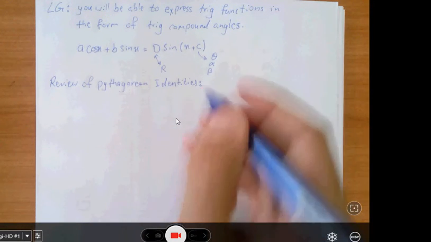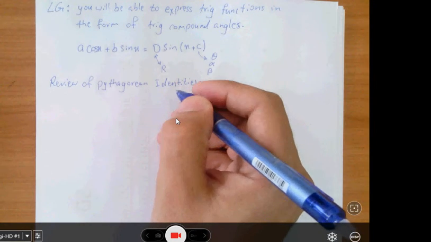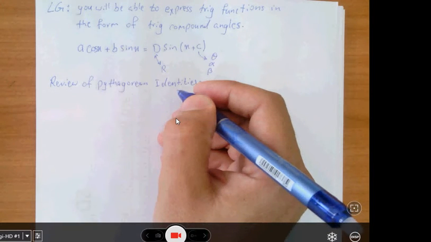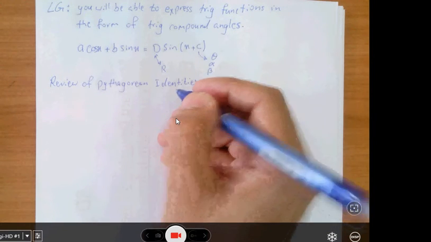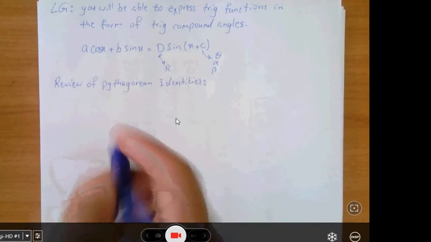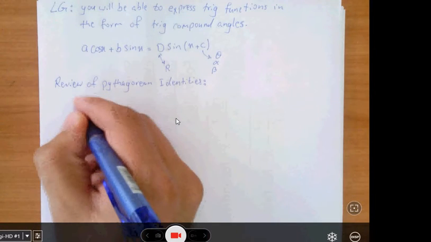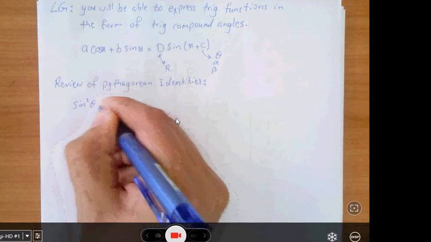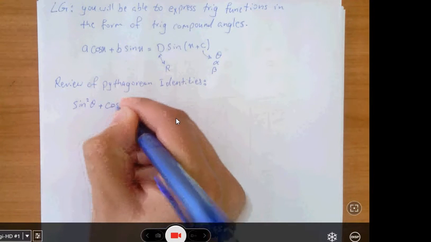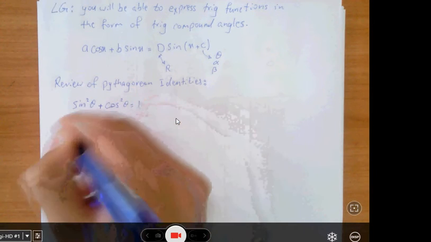We actually practiced these last term, if you remember, yes? We had the most famous one, sine squared theta plus cos squared theta equal to 1.